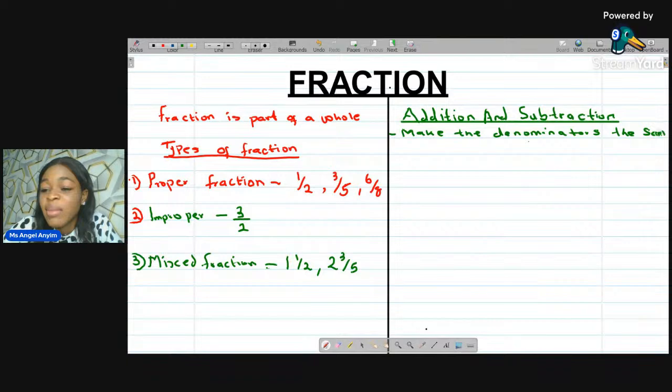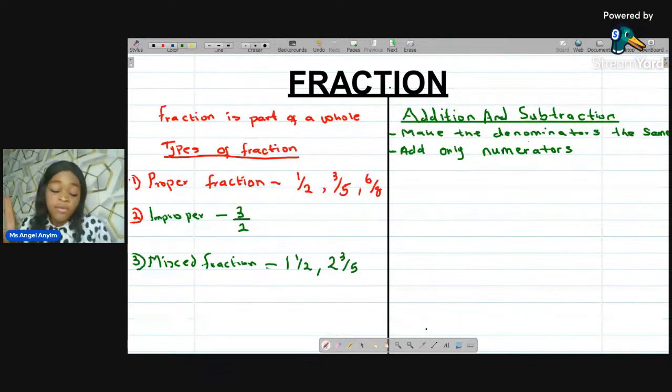So that's the aim of LCM when they don't have the same denominator. And then add only numerators. So these are the two laws that we use for addition and subtraction of fractions.